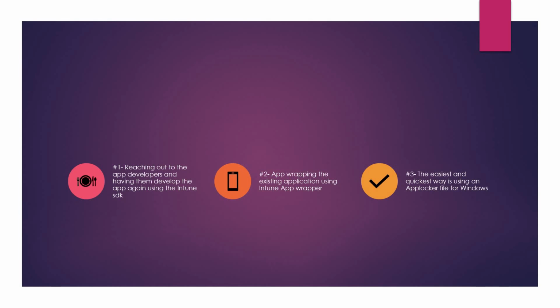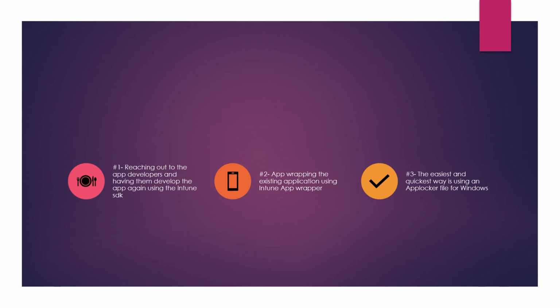The thing that I want to focus on and stress right now is a method called using app locker files. The first two methods talk about how we can make an unenlightened application an enlightened application.